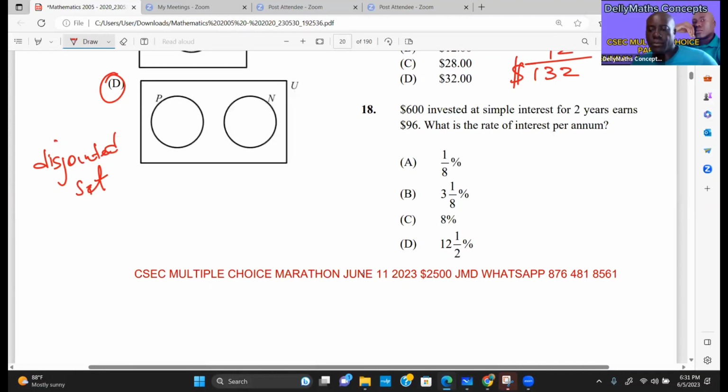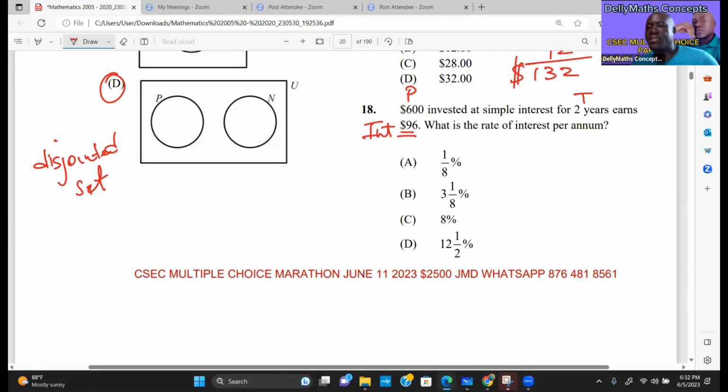$600 invested at simple interest for 2 years earns $96. What is the rate? Now, write down what you have. The money invested is called your principal. 2 years, time. The simple interest earned, this is interest.